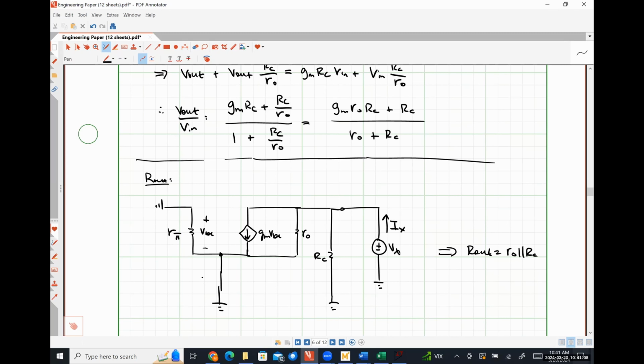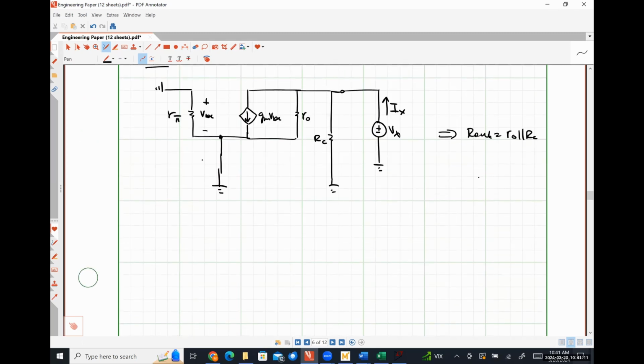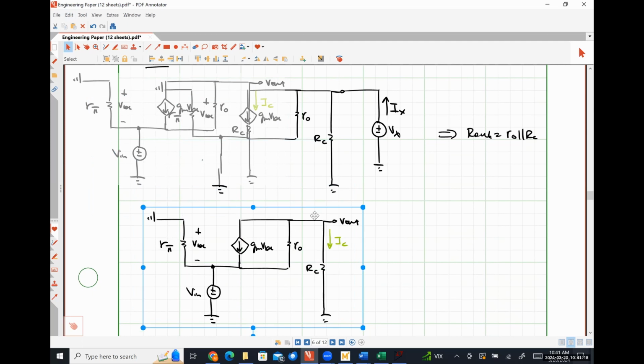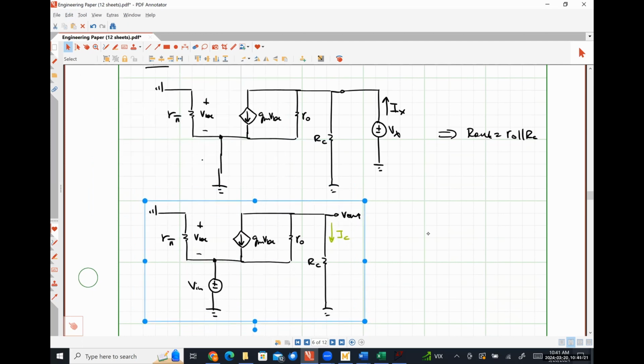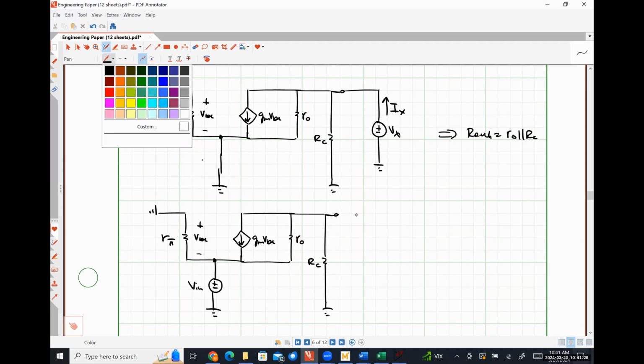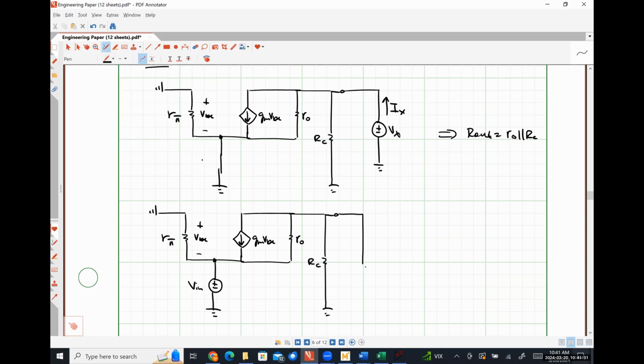Now let's calculate our short circuit transconductance. So taking my circuit from above, for my short circuit transconductance, I need to short out my output voltage node and find the current leaving ground from my live network.